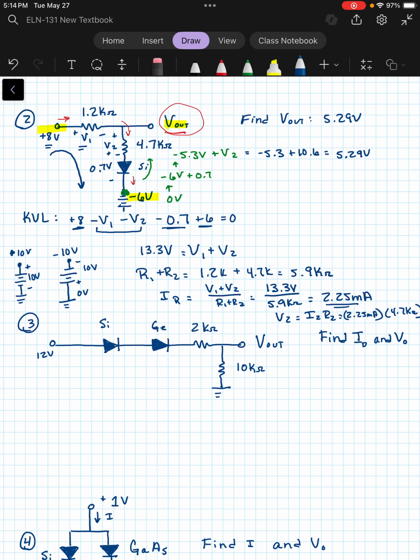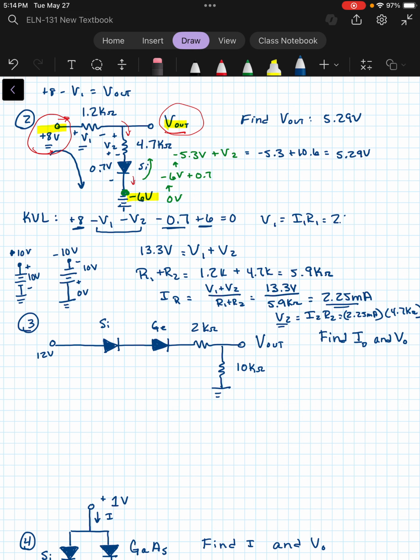Now, you could have also started on the +8 side of the circuit as well. And what you would do there is have your +8 minus V1, and that would give you V out as well. Now, V1, just like we found V2, V1 would be I1 times R1.